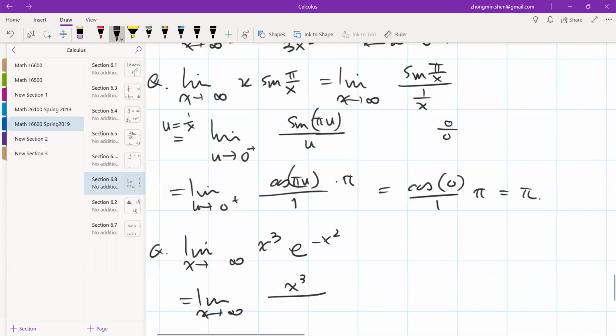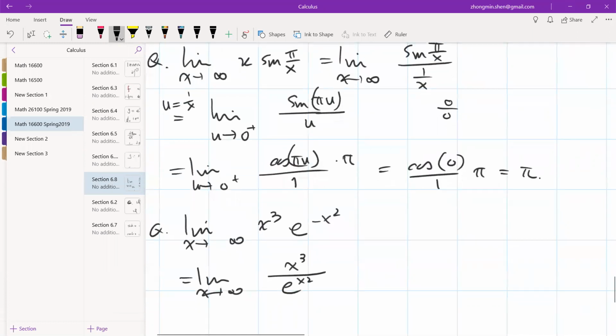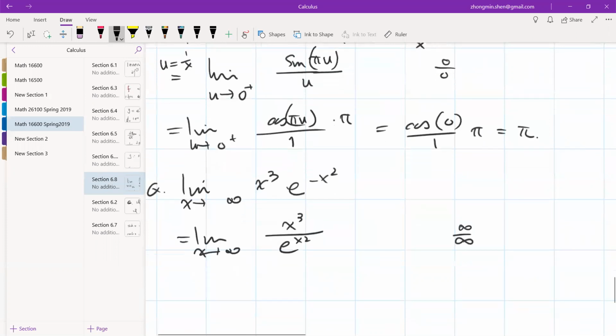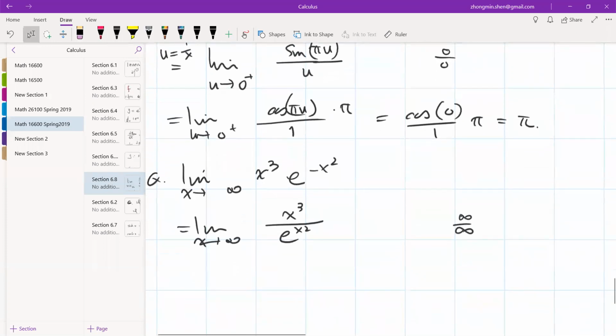Oh, that's natural. e to the x squared, right? So this is going to be infinite over infinite type. Right? So you can apply L'Hopital's rule to find it.